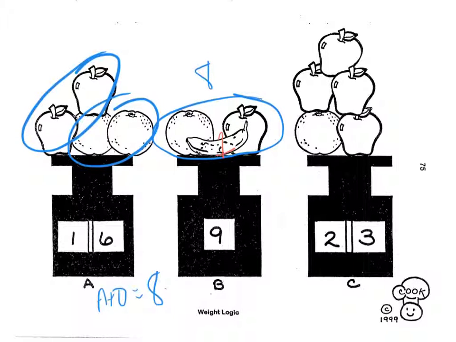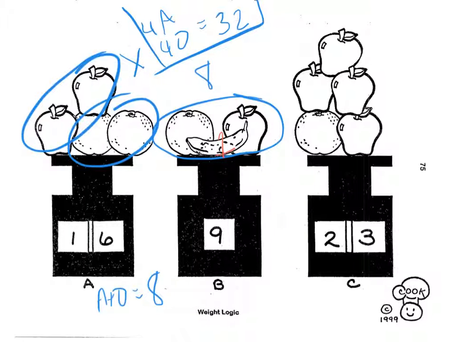Now let's try doubling this. So if we double this, then we'll get that 4 apples and 4 oranges equal 32. So we've doubled the amount there. And so what's the difference between these two? Well, we have 4 apples, but we just have 1 orange.